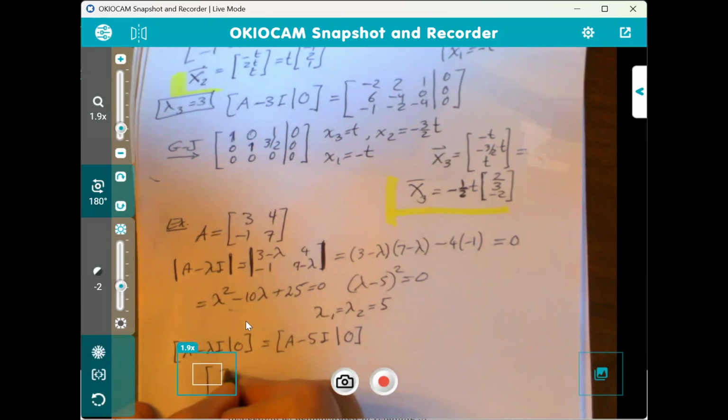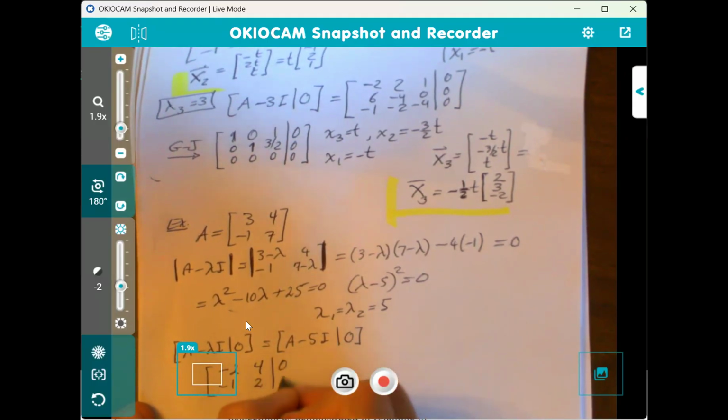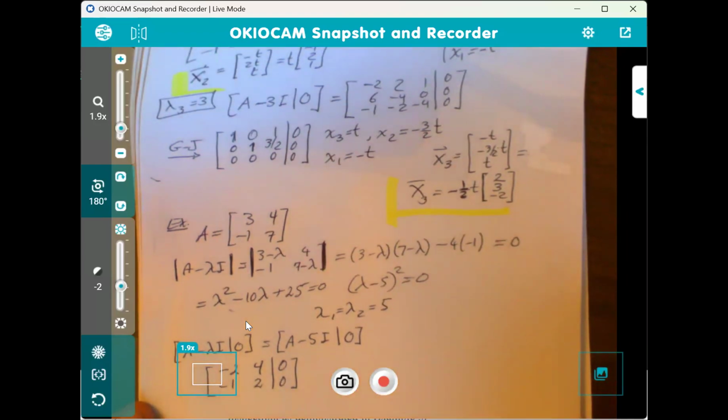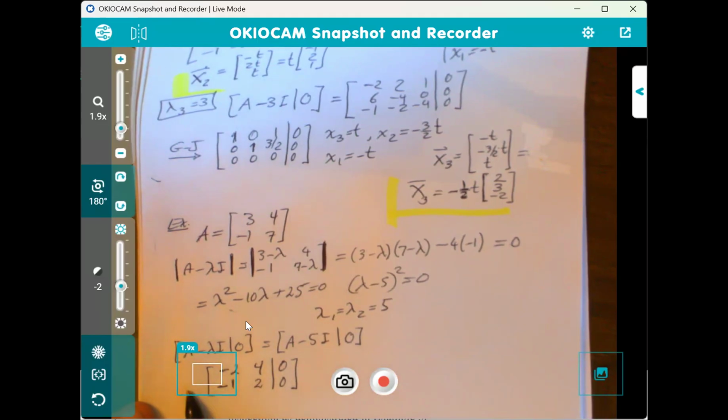So this will be negative 2, 4, negative 1. 7 minus 5 makes it 2. Set it equal to 0. And again, this is easy to solve. You can see you multiply the second equation by negative 2 and add, you get 0, 0, 0 here, right? The bottom row becomes 0.